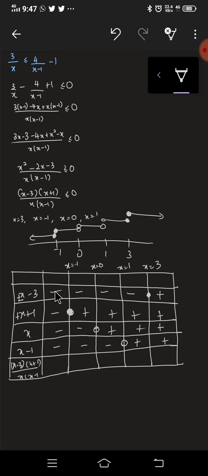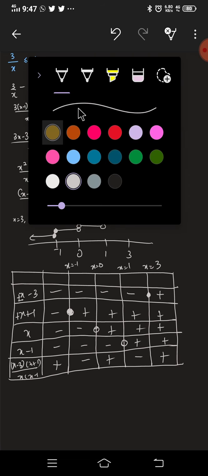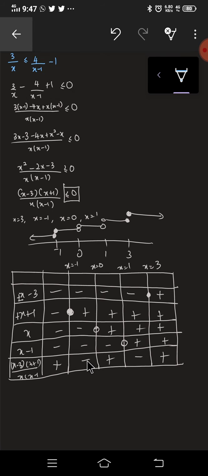Now we just multiply the signs: negative times negative, divided by negative, and so on. Because we want the expression less than or equal to 0, we want the negative parts. Which intervals should we choose?